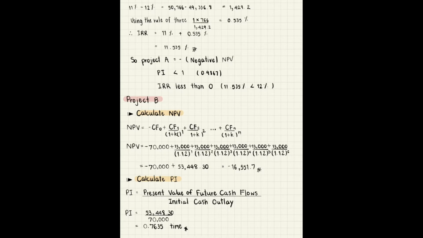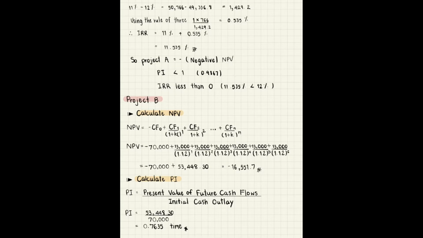Then the internal rate of return is 11% plus 0.535%, and the answer is 11.535%. So project A has negative NPV, PI less than 1, and IRR less than 12%.